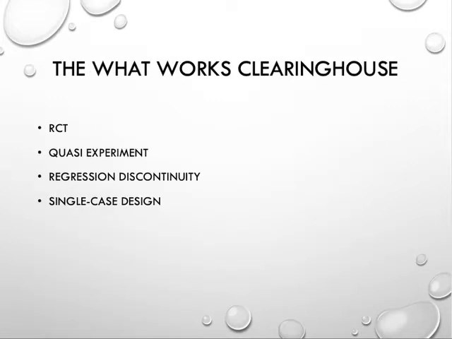Then we move on to the What Works Clearinghouse, which was developed based on the passage of the No Child Left Behind Act, which the Every Student Succeeds Act is the reauthorization of.